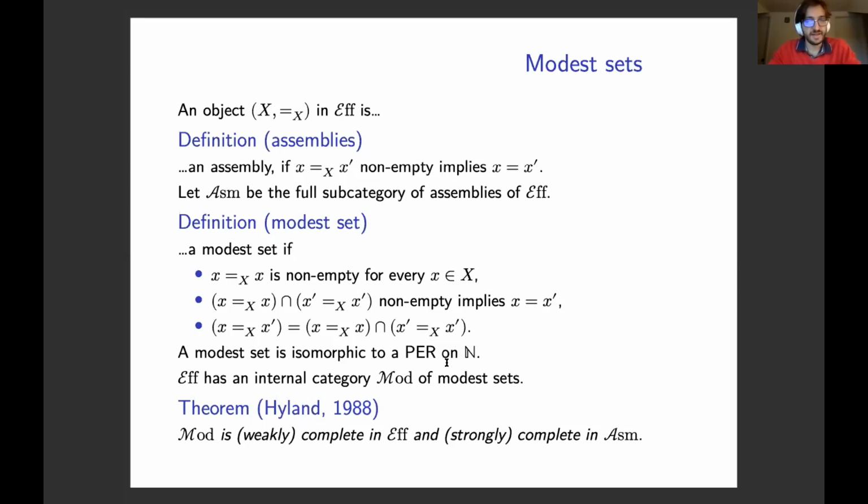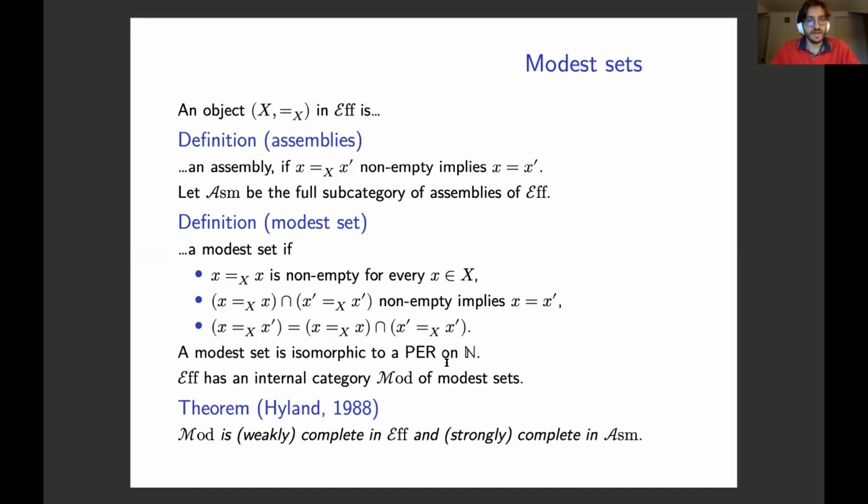And then if there is a common witness that an element X exists and that an element X prime exists, then these elements X and X prime have to be the same. And moreover, the set of realizers that X is equal to X prime is given by the intersection of the realizers that X exists and X prime exists.